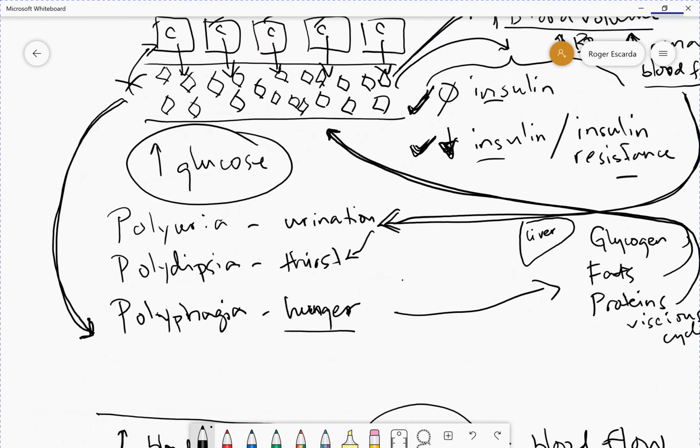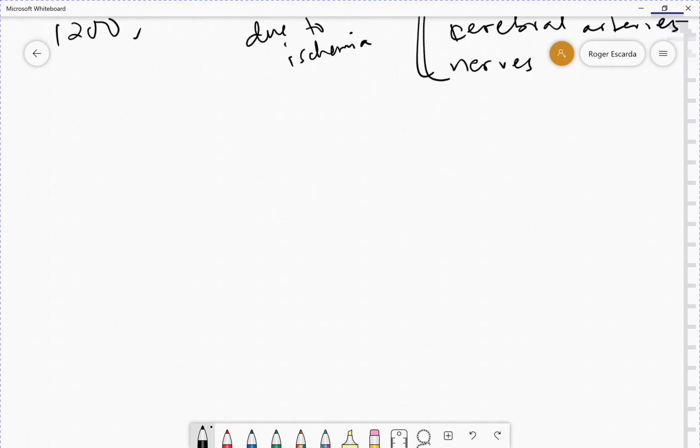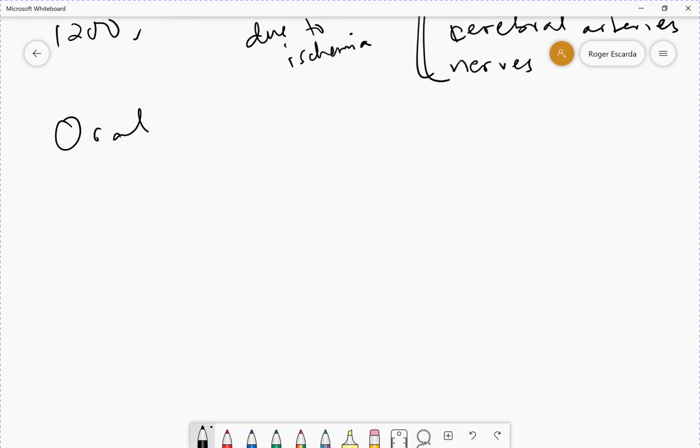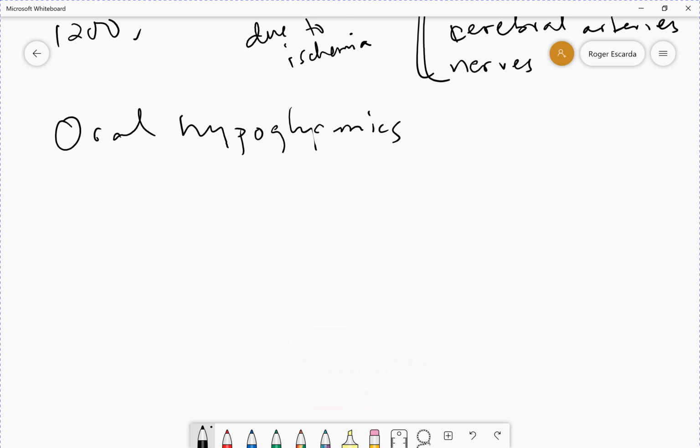Let's go over here. Oral hypoglycemics have actions on 4 areas. One is the pancreas.